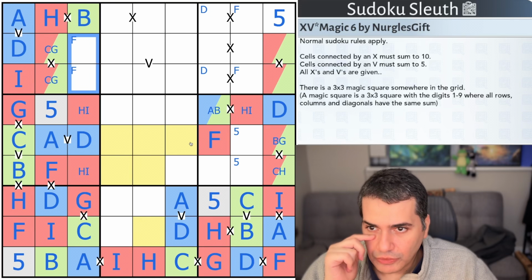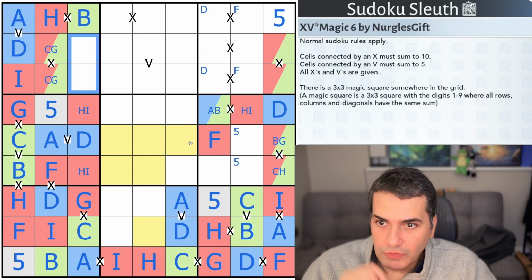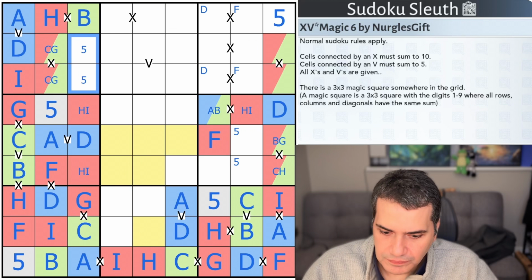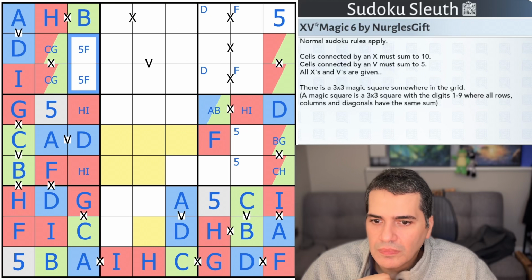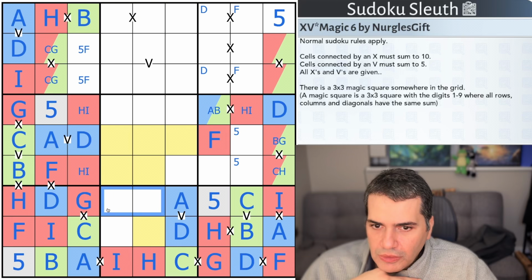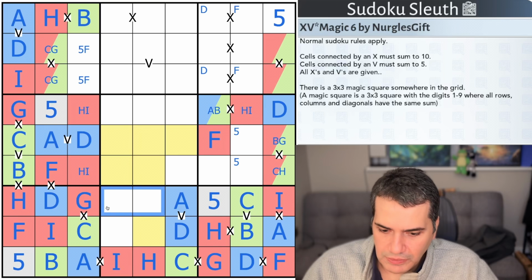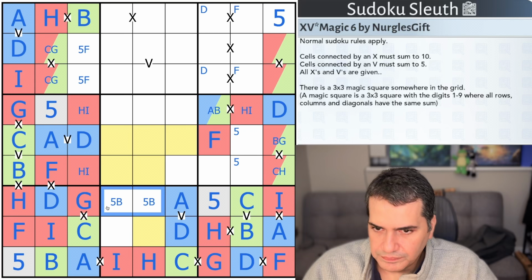These two cells are known. 5 and F. These two cells are F and something. F and B. I say F and B and immediately write 5.